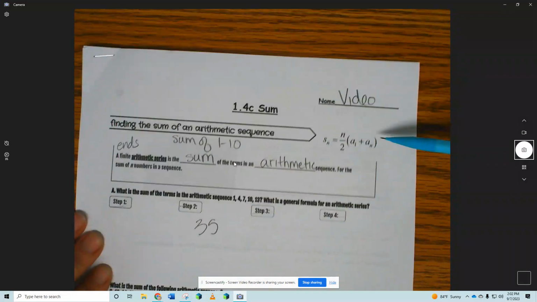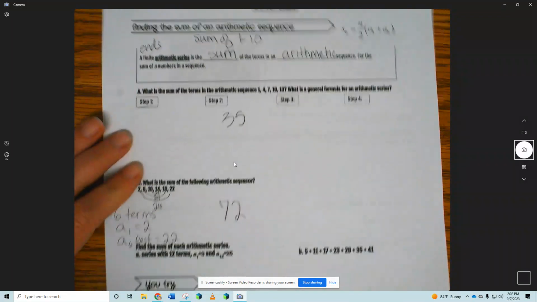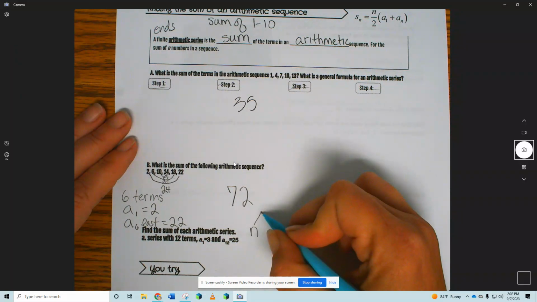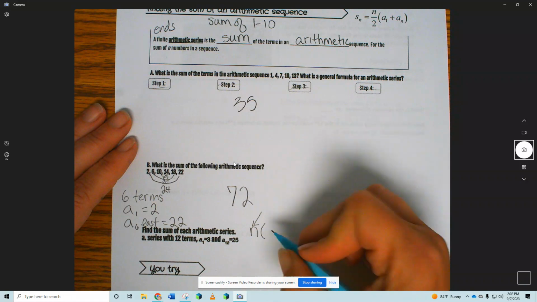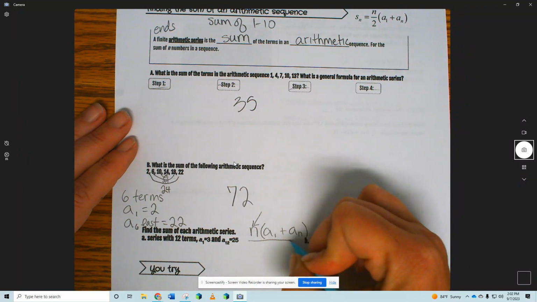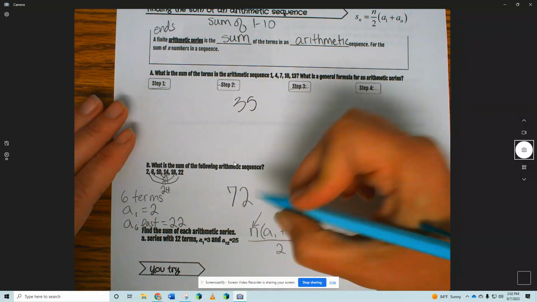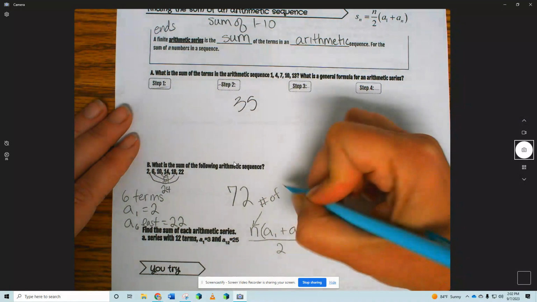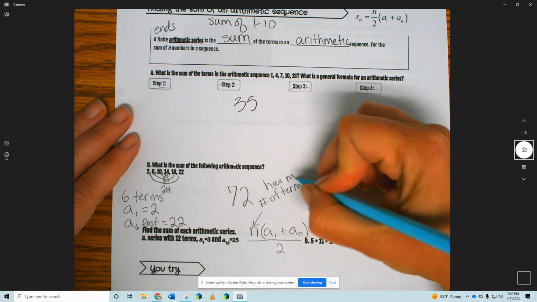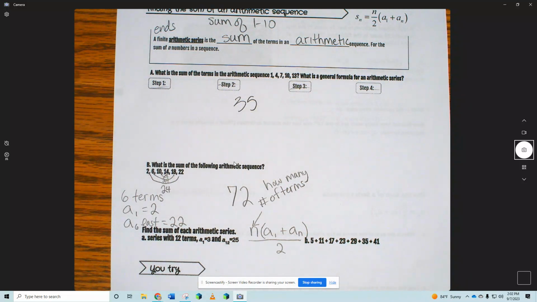The formula is up here on the top of your paper, but I would actually like you to do the formula like this. N, I'm going to identify everything. N times the quantity A sub 1 plus A sub n, divided by 2. N means the number of terms. How many numbers are in it?